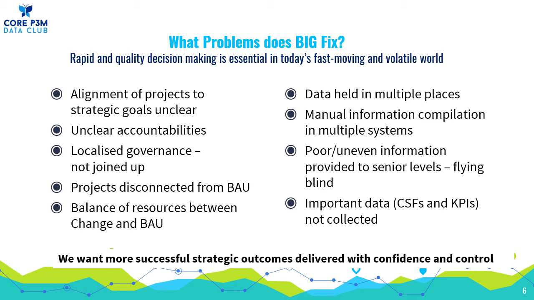The ones we've thrown up here, you can read, but they range from poor alignment of projects to strategic goals, to poor information being provided to senior levels, from having governance that's localised and not joined up. In essence, we want more successful strategic outcomes delivered with confidence and control.